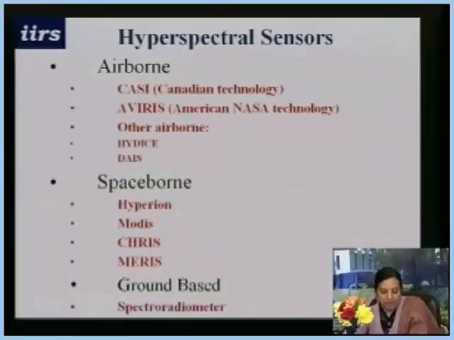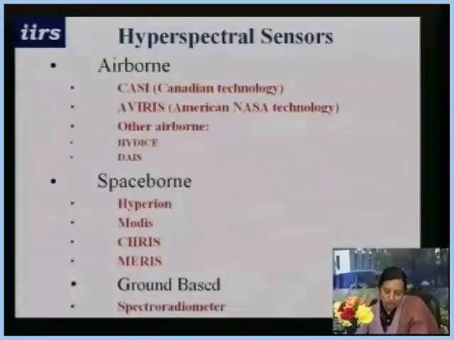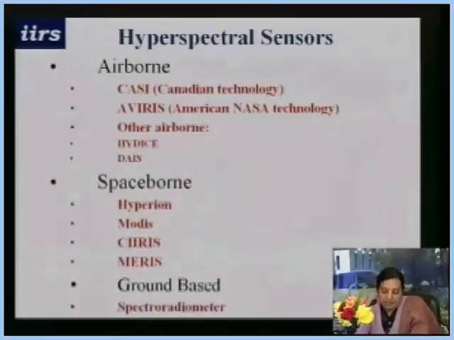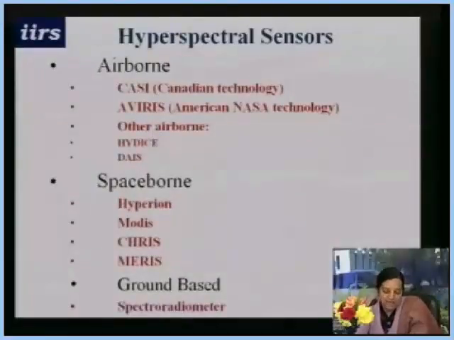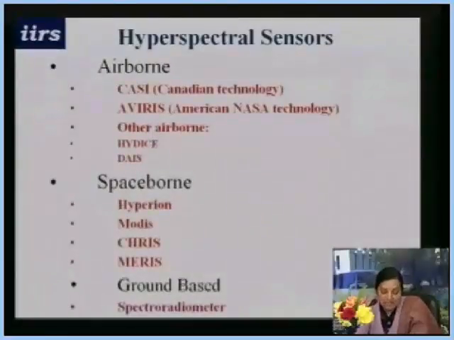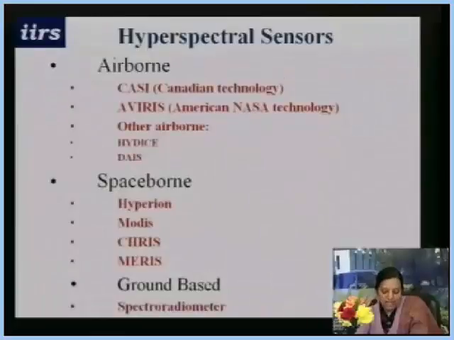ISRO also took an initiative and launched its visible near-infrared hyperspectral imager, called HySI, on board the Indian mini satellite. And the Chinese also launched a visible near-infrared imaging spectroradiometer satellite, called HJ-1A, in 2008.